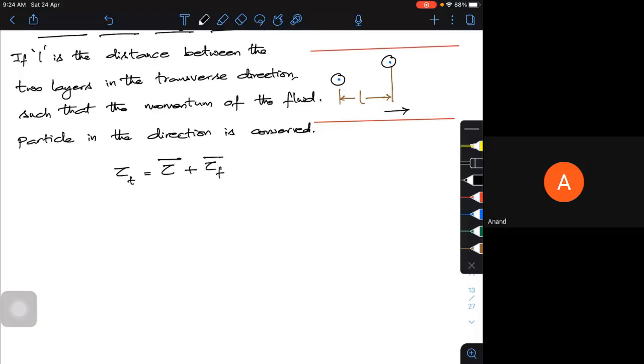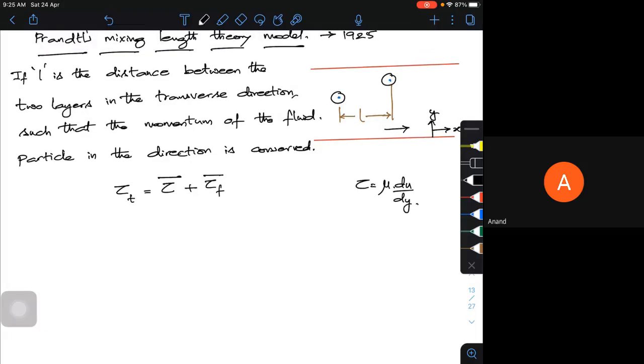The tau is represented by mu into du by dy, where y is the distance measured in the y direction from the solid boundary, the surface. The same convention holds good here also.